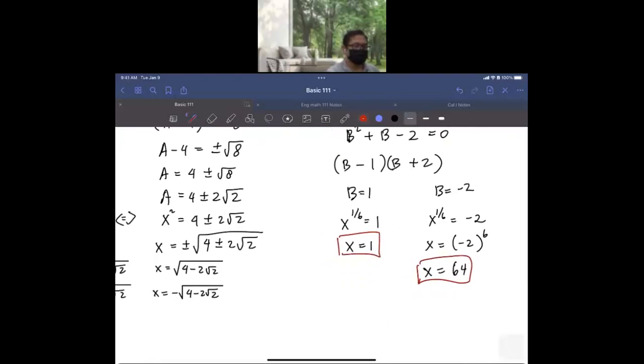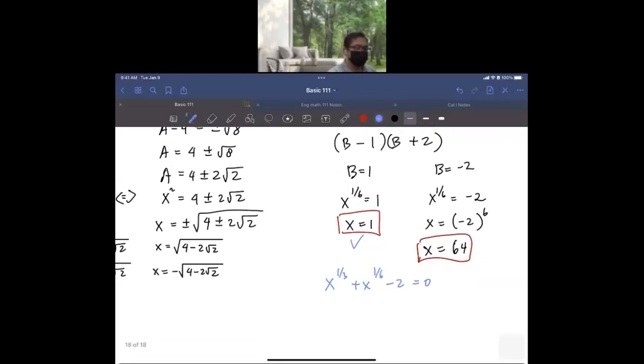we need to also check with the original one. So let me write the original one. x to the 1/3 plus x to the 1/6 minus 2 is equal to 0. If we check 1, I think 1 is okay.